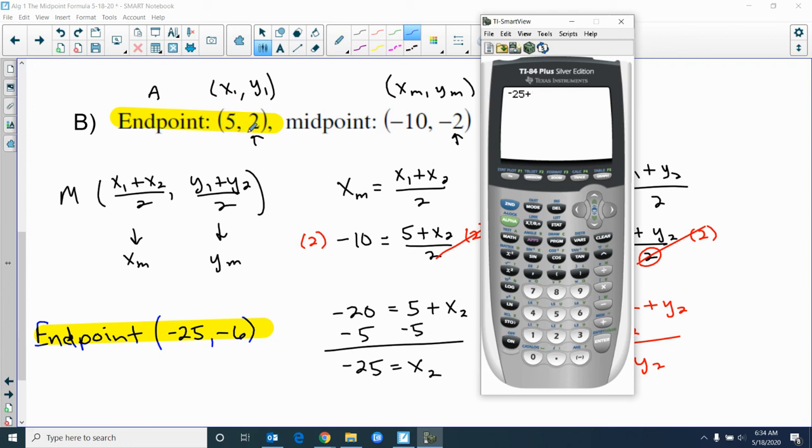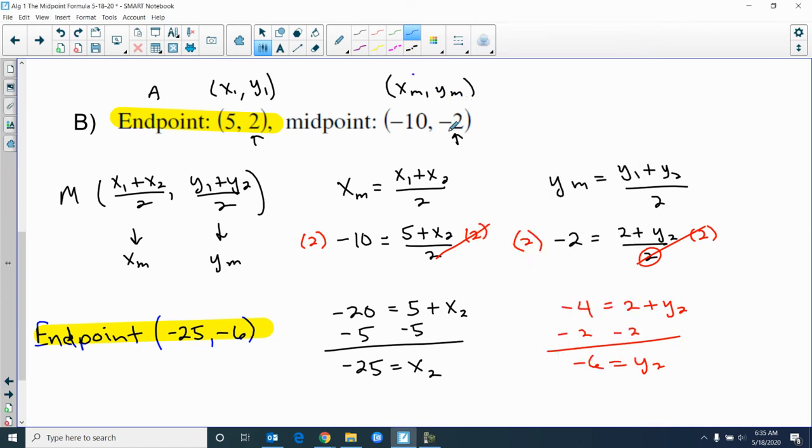Negative 25 plus 5 divided by 2 gives me negative 10. Then negative 6 plus 2 equals negative 4, divided by 2 does equal negative 2. So I can have a quick check there.